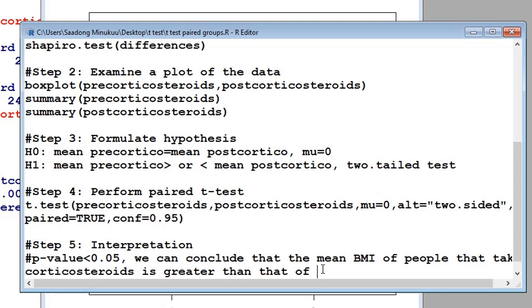We are talking about the real population. In the real world, people who do not take corticosteroids have lower BMI than those that take corticosteroids.